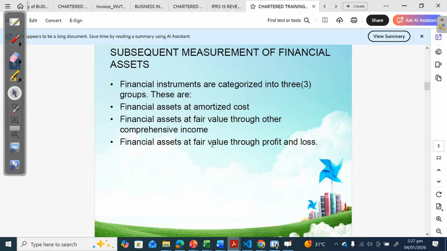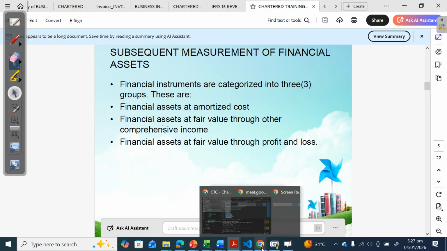We need to know which category you are going to classify your financial assets in. We need to learn each one, and know the various categories: which financial assets fall under amortized cost, which fall under other comprehensive income, and all that.